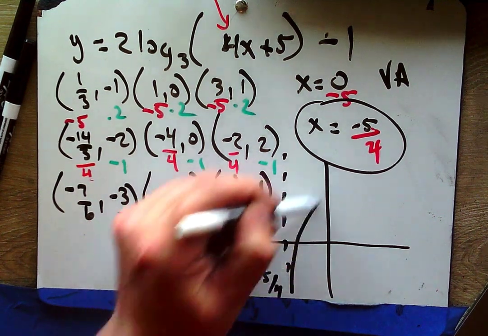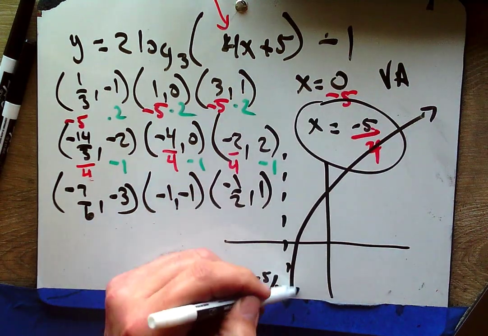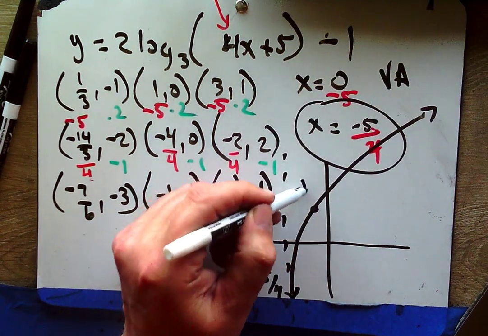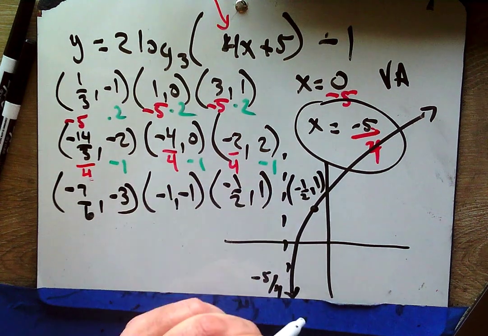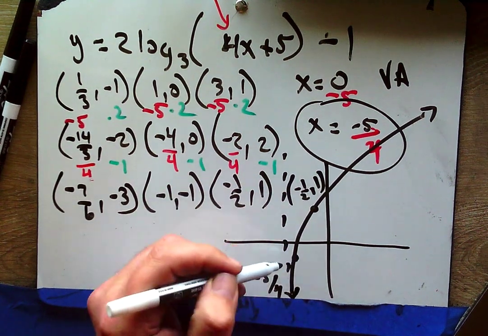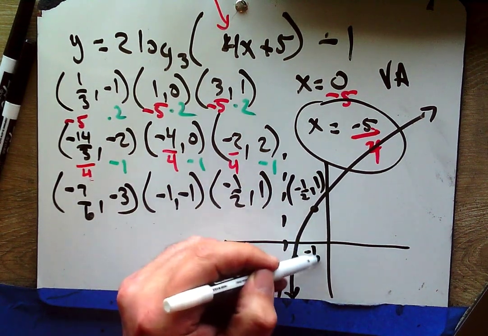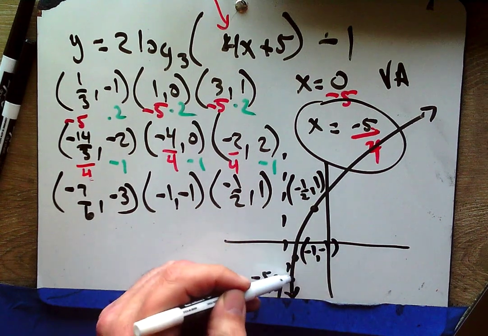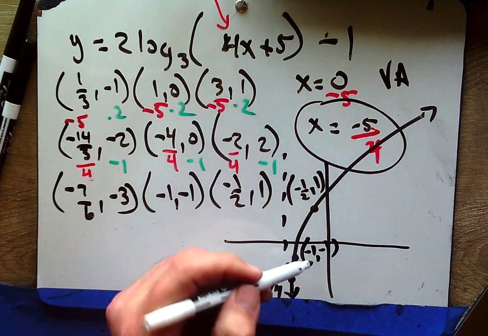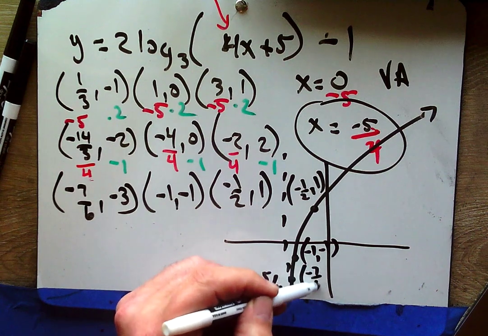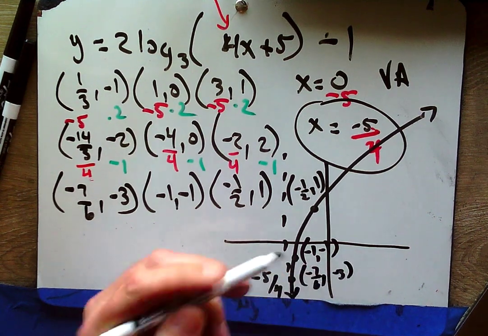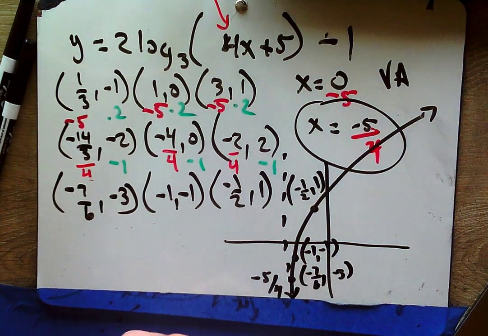And our graph still has that characteristic shape. Here I am, -1/2, 1. And then here, -1, -1. And then here, even closer to the vertical asymptote, -7/6, -3. So there's my graph.